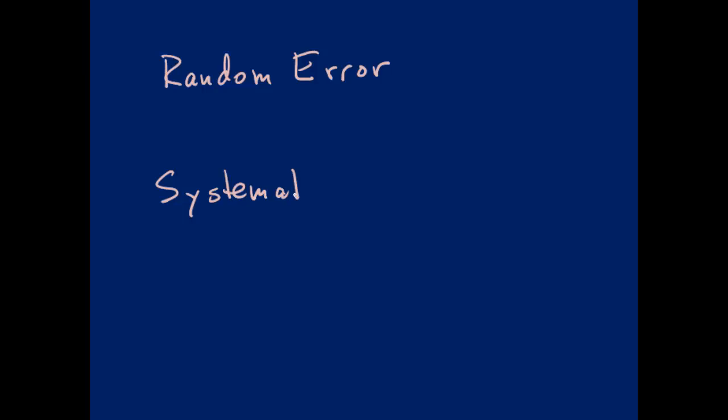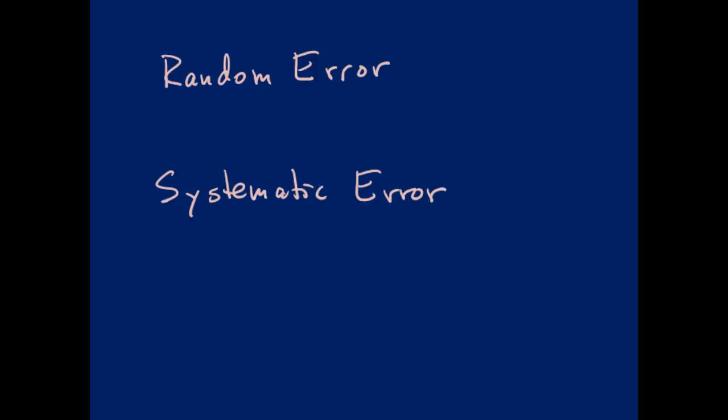So when we think about the difference of the beta parameter that we see in our sample compared to the beta parameter that truly exists in the target population, we think about it as having error caused by two different components. One component is called random error, and the other component is called systematic error.